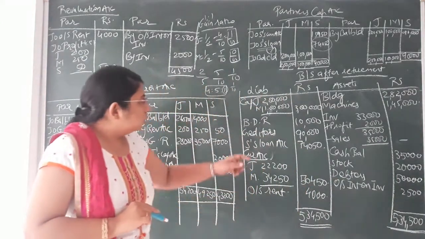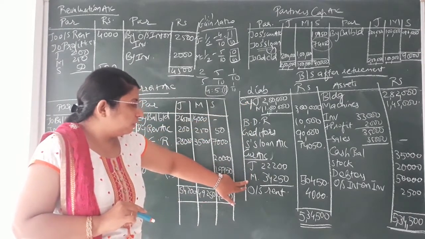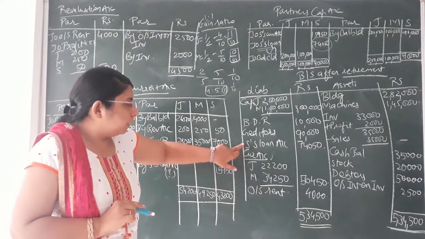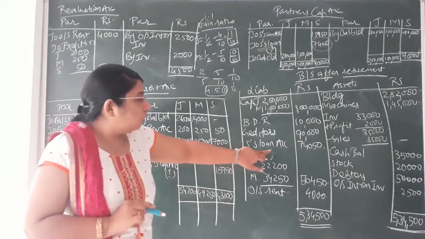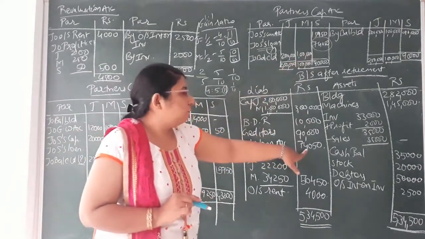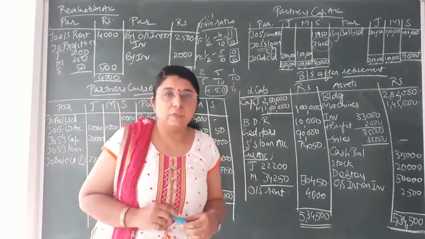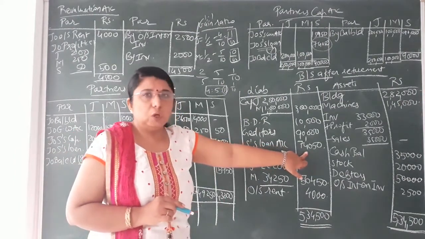So over here you can see I have written capital of only 2 partners, and even the current account balance we have written of only the 2 continuing partners. For the retiring partner we have considered it as a loan, that is 74,050, which we have got from her capital account.